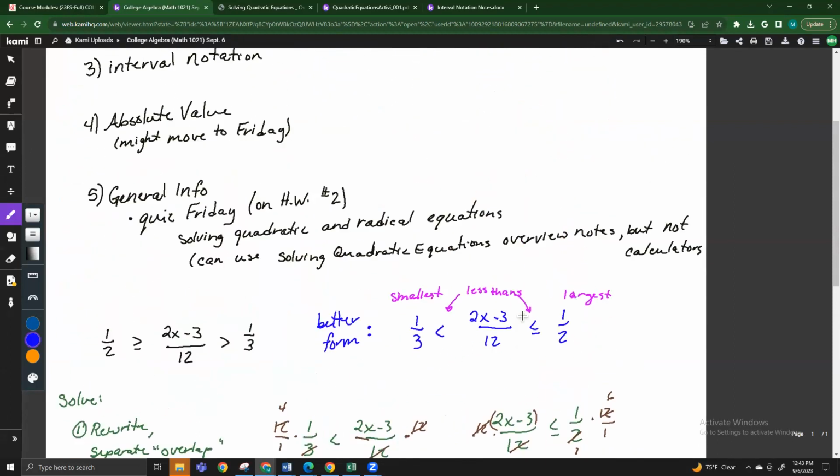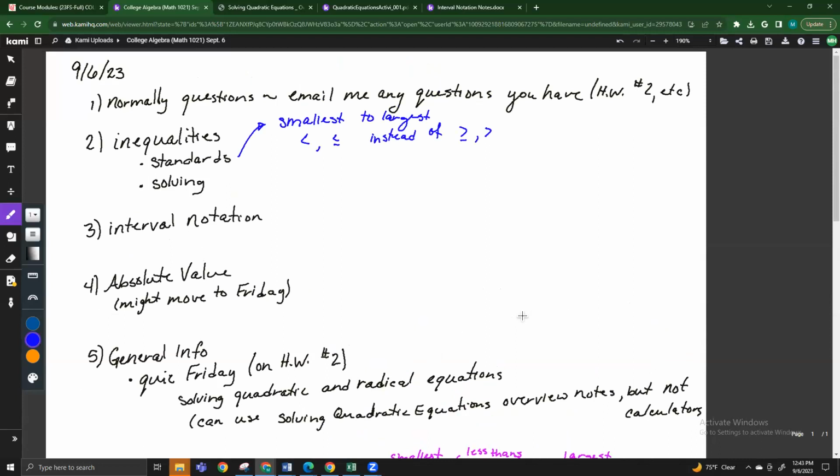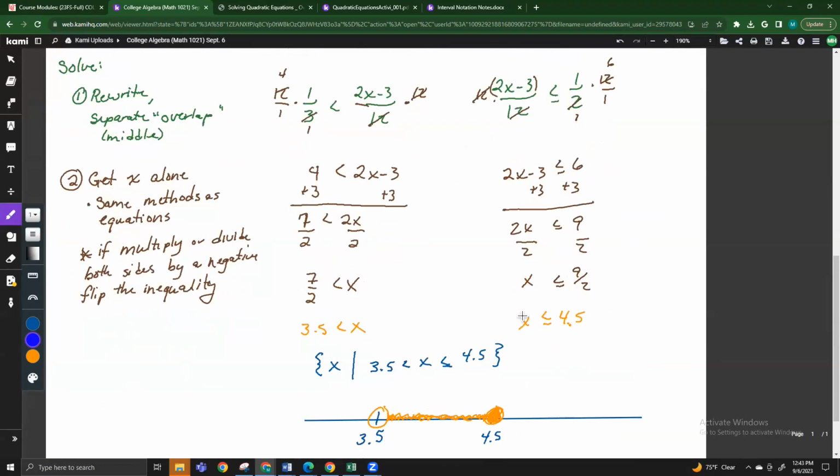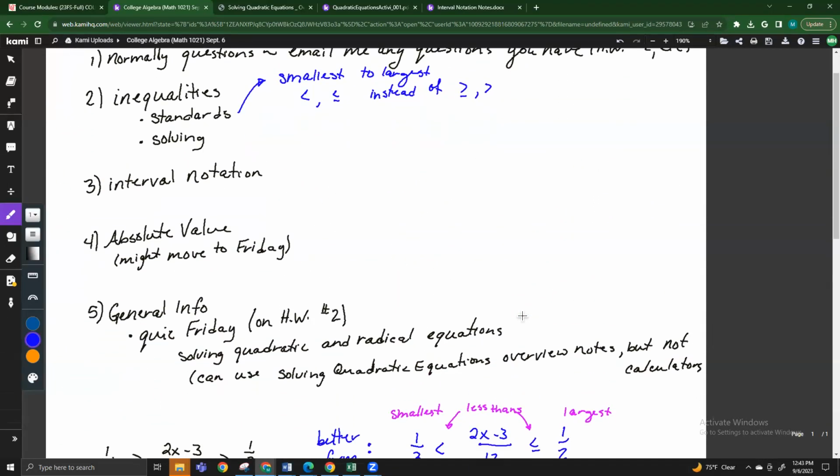All right. So the absolute value, I really think I'm going to give you just a wee bit of stuff with it, and then we're going to look at problems like this on Friday. This is distance from 0.